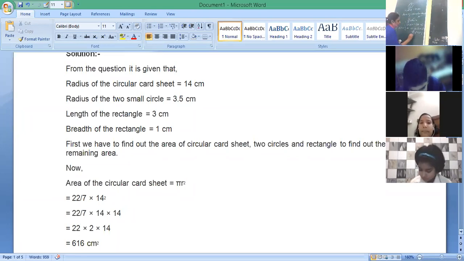When you change these numbers into fractions, 3.5 becomes 35/10, because the point is written after one decimal. When you change any decimal number into a fraction, the number of zeros in the denominator increases according to the digits after the decimal. So it becomes 35/10, 35/10.